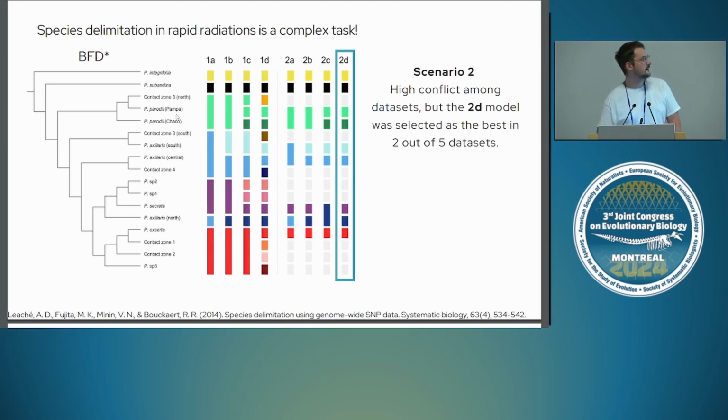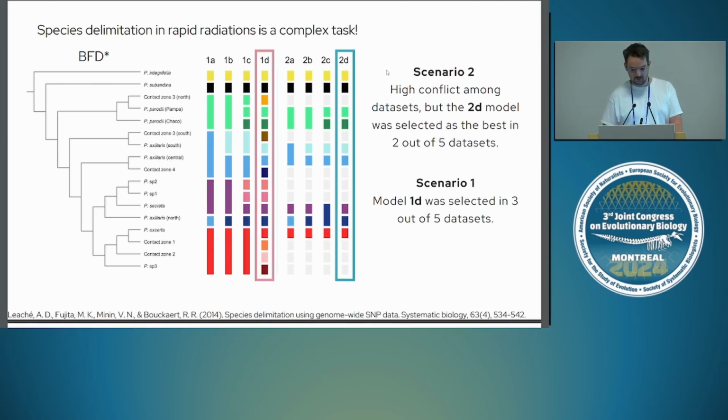So here in scenario 2, where we didn't leave any of the admixed individuals, we found that depending on which data set we used, we would get a different result. But the model 2D, where each population was its own lineage, was the best one, and it was selected in 2 out of the 5 data sets that we tested.